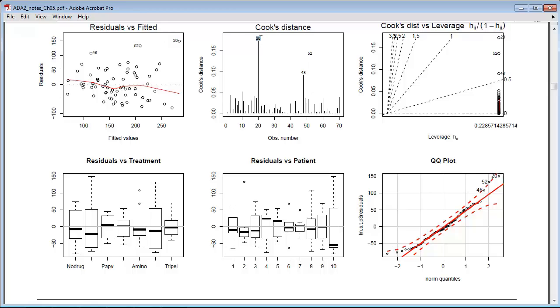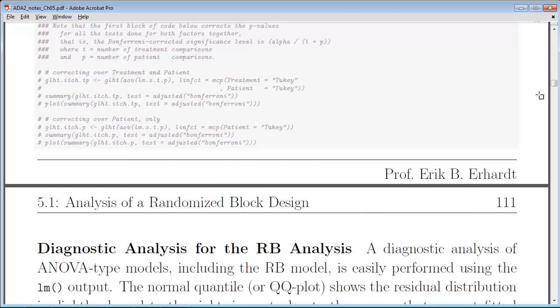Okay, so we've got these 3 Cook's distances. We can think about whether we want to exclude these or not, and see whether that affects the significance of the regression contrasts.